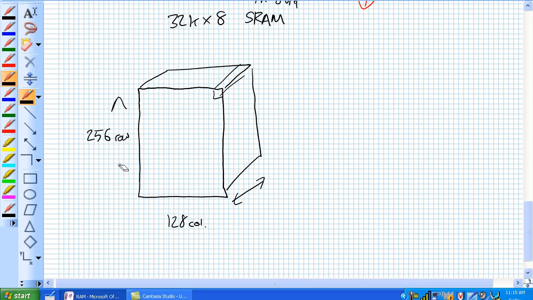So what is our capacity? Well, it's 256 times 128 possible intersections. So that's 32,768 different skyscrapers. And our true capacity really is 32,768 bytes.